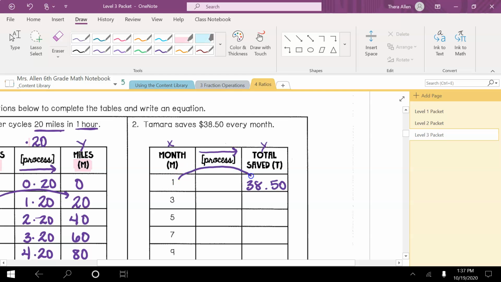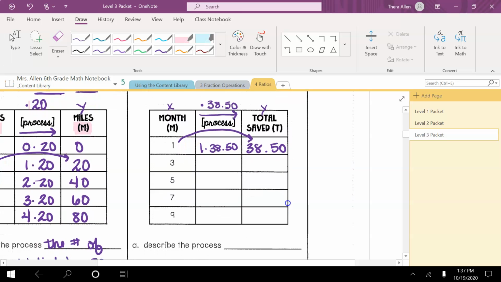To go from here to here, I am multiplying by $38.50, so my process is multiplying by $38.50. We want to know how much she saves in 3 months, then 5 months, 7 months, and 9 months.